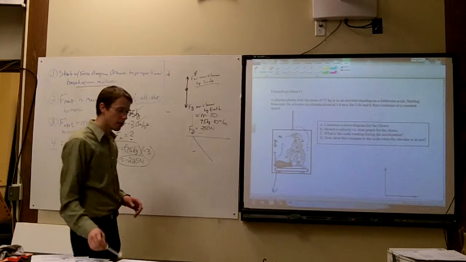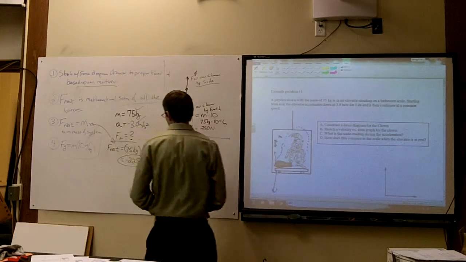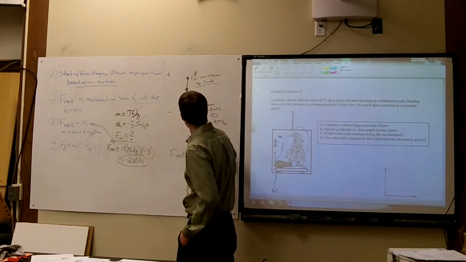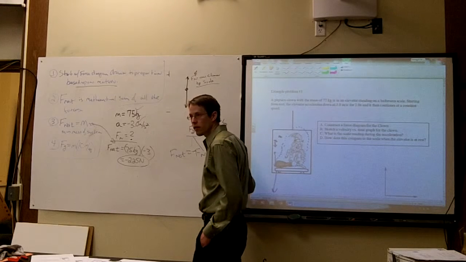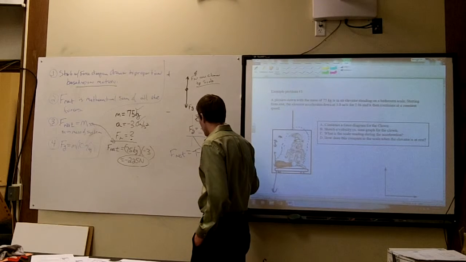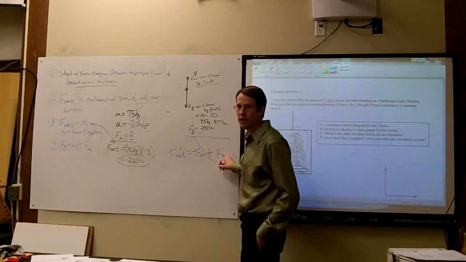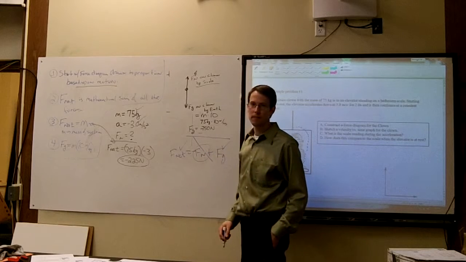So what you do now is you take this principle here, the mathematical sum, which is force net is equal to force normal plus force gravity. Do we know force net? Yep. Do we know force gravity? Yep. So then we can find our force normal.